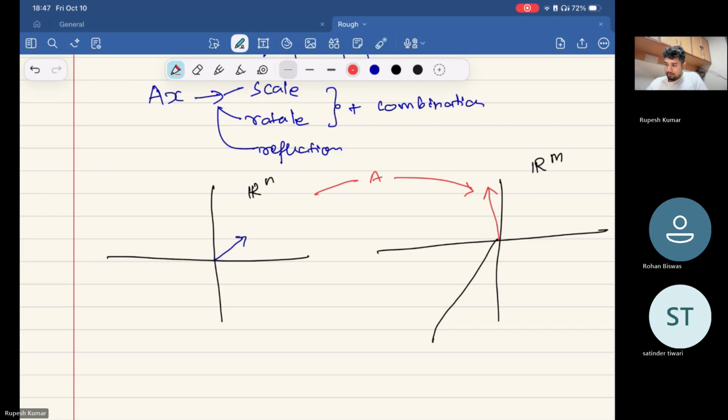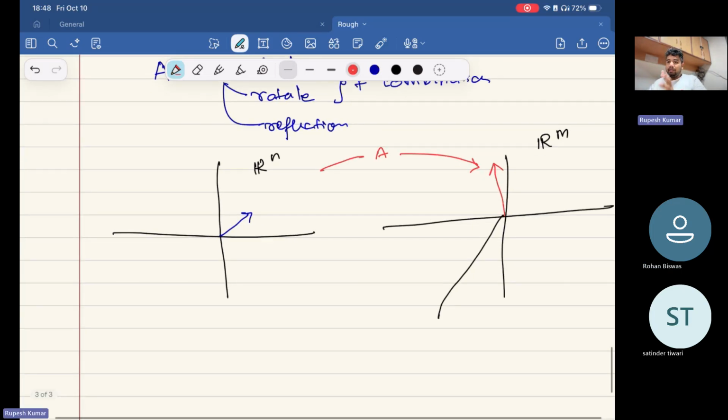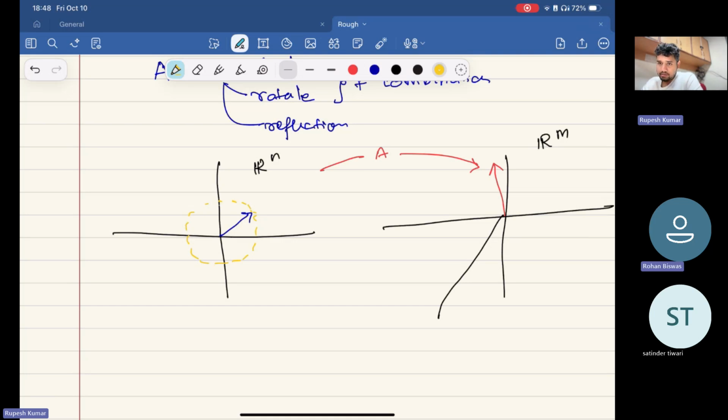Now let's say I choose the space of all unit vectors in the input space. I am fixing my space to be the space of all unit vectors in the input space. So let's take all the vectors in this unit circle in the input space.